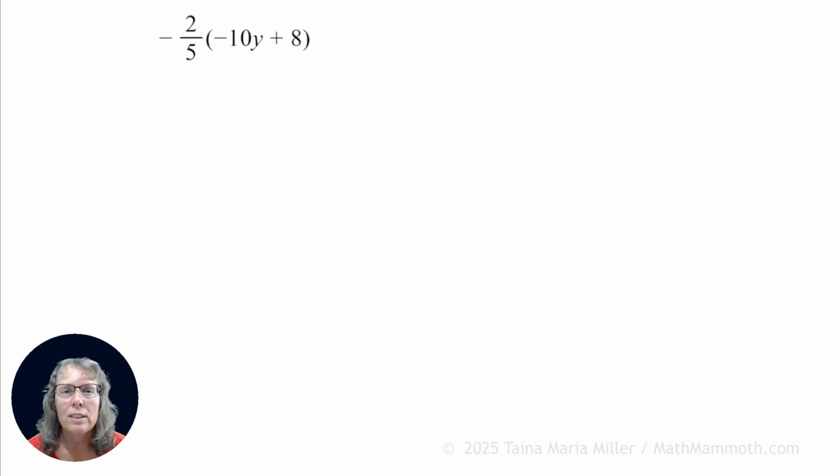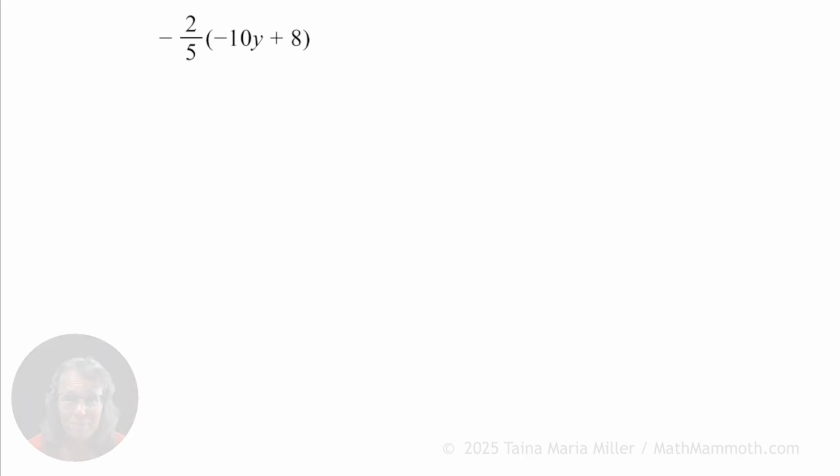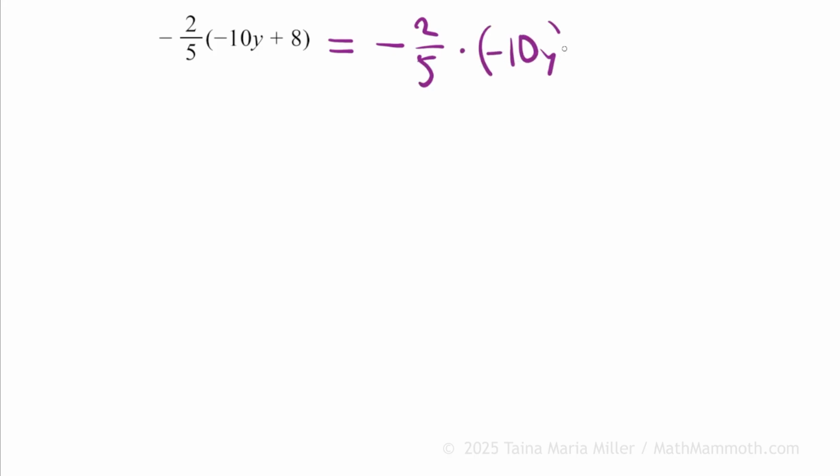Let's also look at an expression that has a fraction. As we use the distributive property, it works the same. Let me write it out in full. We have -2/5 times this first term, which is -10y, plus the -2/5 times 8.